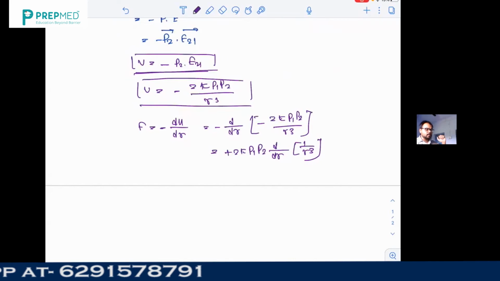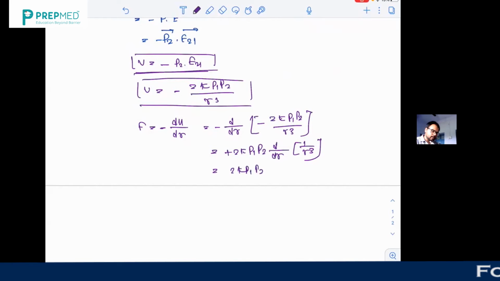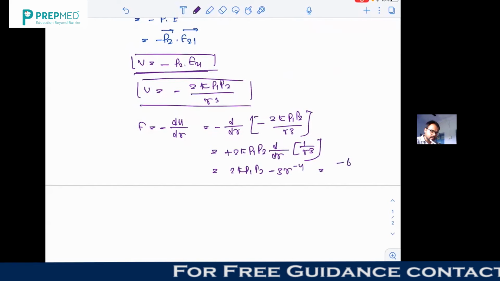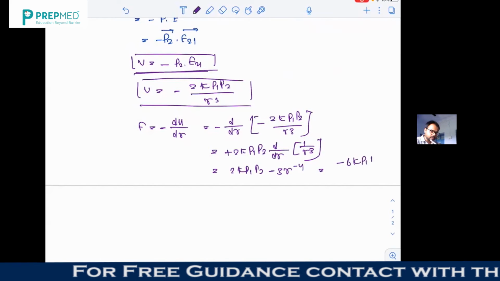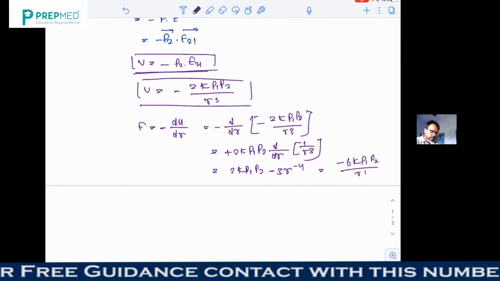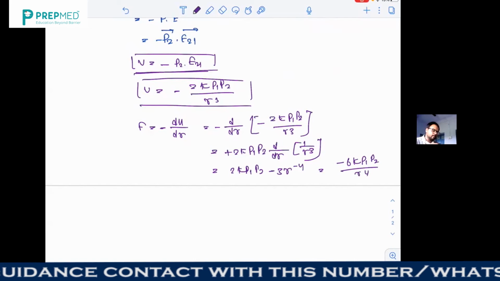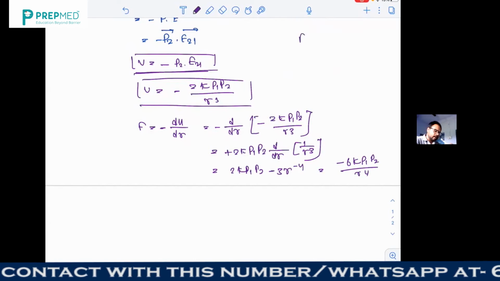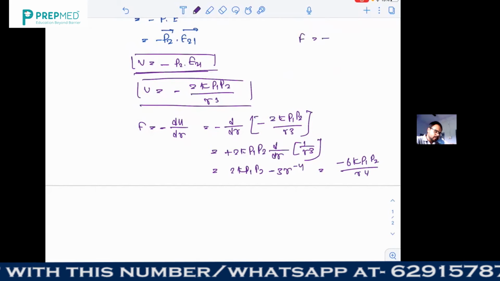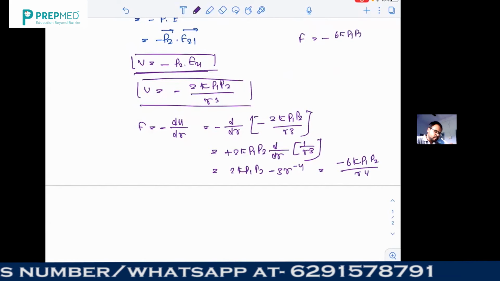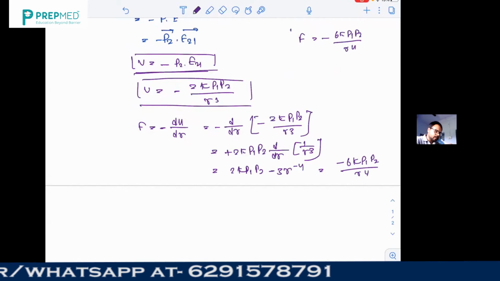So minus n x to the power n minus 1. Finally you get 2k P1 P2 times minus 3 r to the power minus 4. So finally I get minus 6k P1 P2 divided by r to the power 4. So the value of the force that I have got finally is minus 6k P1 P2 divided by r to the power 4.